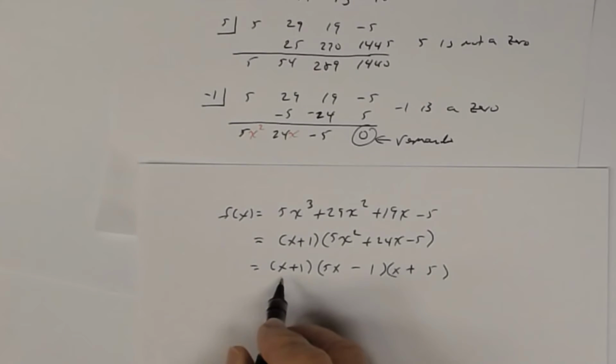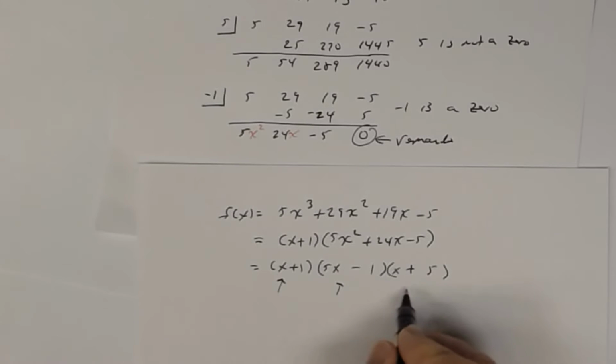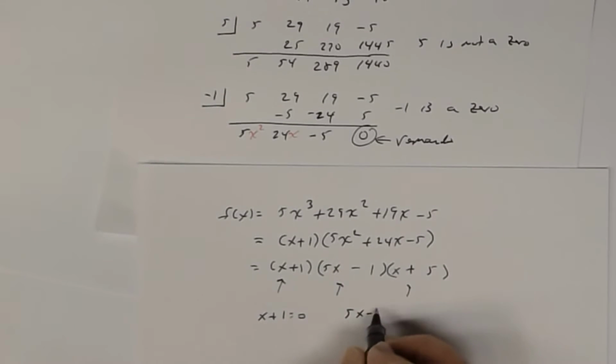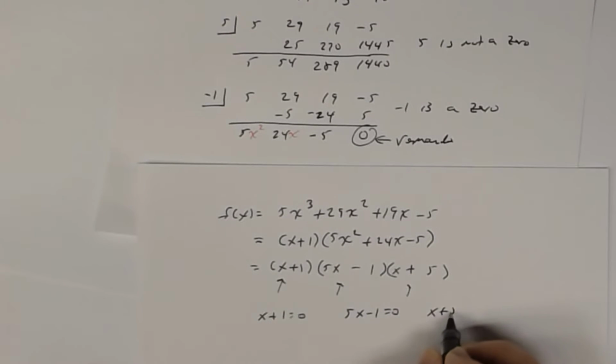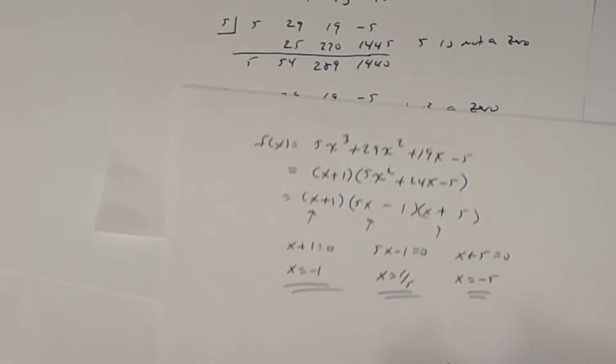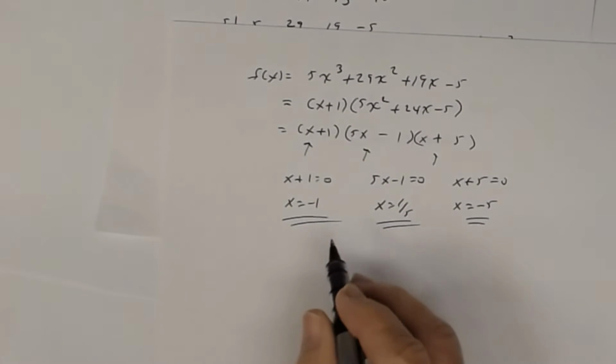All right? And then what we did next was we set each of those factors equal to 0. So I get x plus 1 equals 0, 5x minus 1 equals 0, x plus 5 equals 0. And so I get x to be negative 1, x to be 1/5, and x to be negative 5. And so those are your zeros. And it turns out that these are all rational zeros.